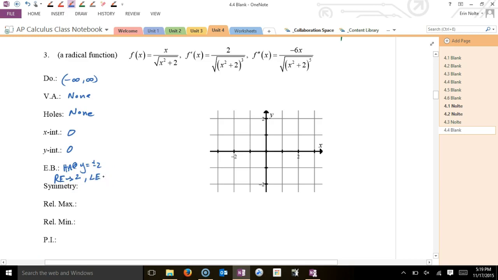So that pretty much narrows down the left side. Double check it though, we would get a negative, yep, negative over a positive. So that's going to -2. Okay, so two horizontal asymptotes. For symmetry, if I plug in a negative x value, I'd get negative x over a positive. That's going to be exactly opposite. So that one is symmetrical over the origin.